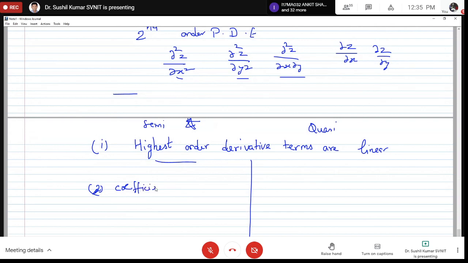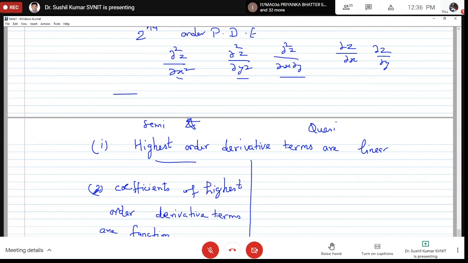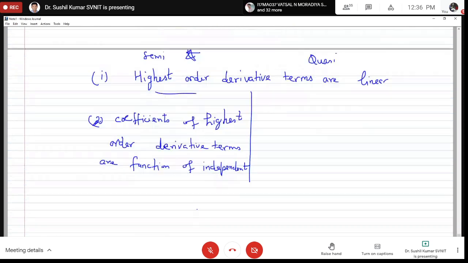The second point for semi-linear: coefficients of highest order derivative terms are functions of independent variables only or constant.